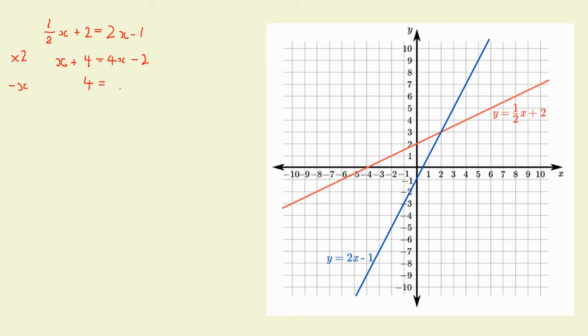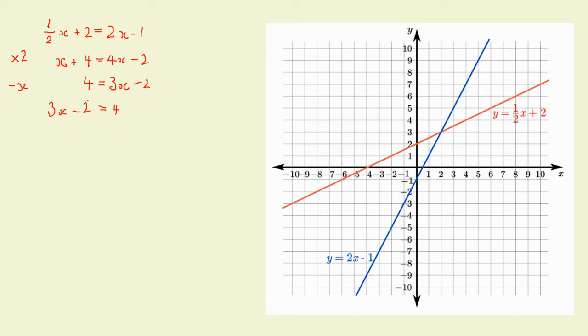Take it away from the other side where we had 4x's, that's now going to be 3x, and that's going to be minus 2. Again, I'm going to do the trick where I just swap it round, because I like having my x's on the left-hand side. If we've got 2 things that are equal to each other, we can swap the order around. That's absolutely fine.